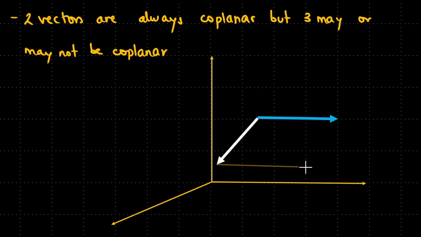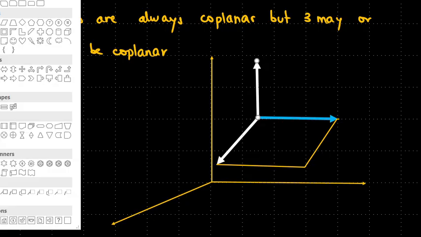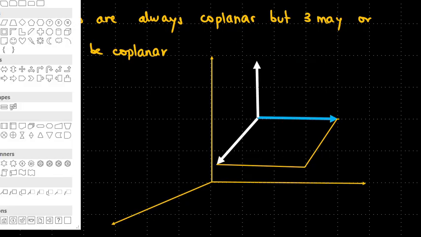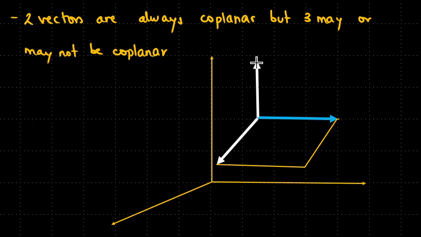If this was the case, a plane like this would keep both the vectors, right? And if I move the vector like this, I can create a plane so that it's like this. Let's make another one. So from here to here to here.